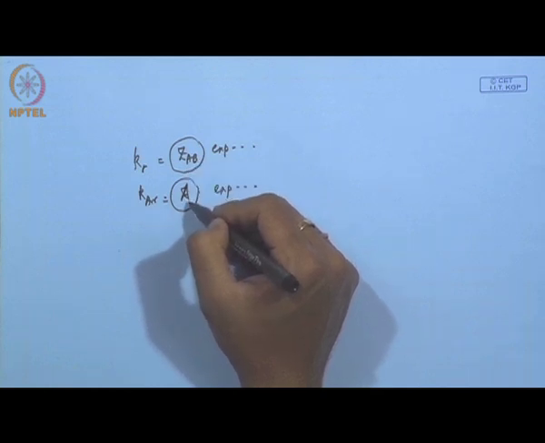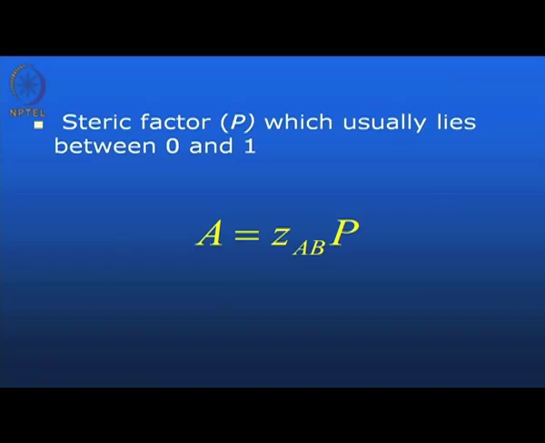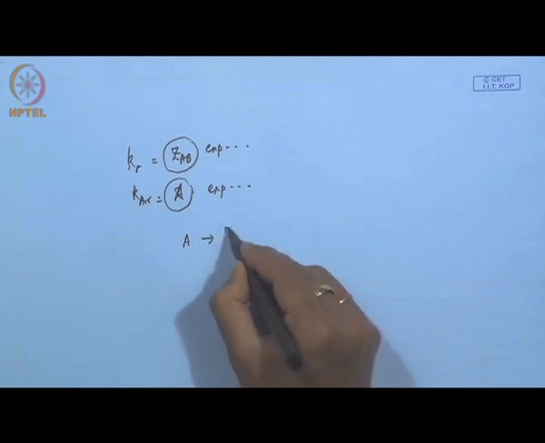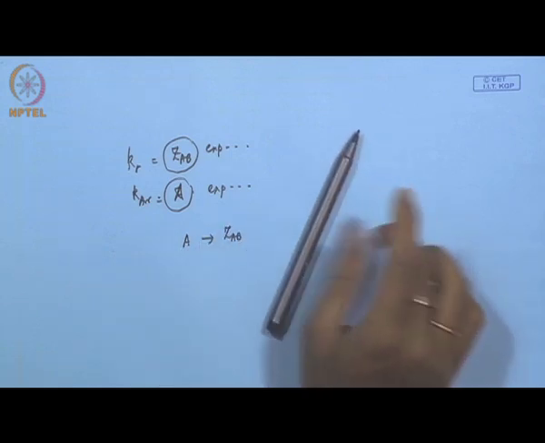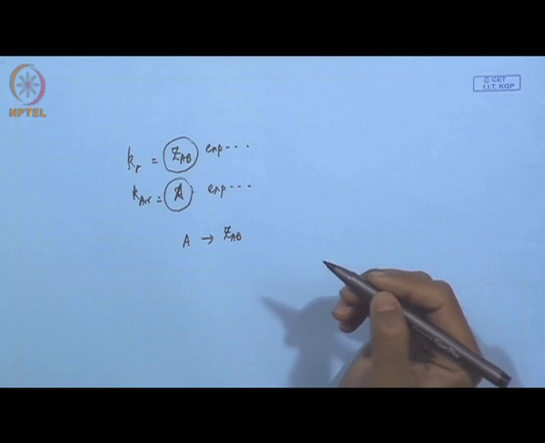It may be a little bit complicated, but it has got a close correlation. Actually, it is found. So, therefore, we can call that A is basically your ZAB, but it has been found from various instances, maybe after theoretical consideration, or maybe some experimental findings, that this A is not exactly equal to ZAB for many cases.